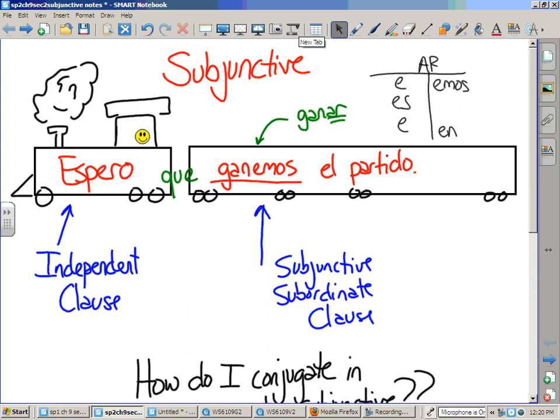There's another vocabulary word I want to point out for you that you have on your list this chapter. Ojalá means, it's like saying I hope that, right? It's actually an Arabic expression that came when the Moors ruled the Iberian Peninsula.